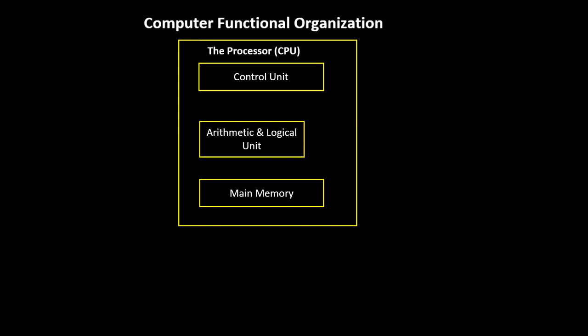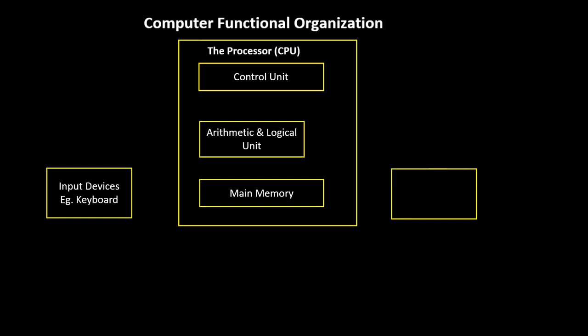It is easy to describe the control unit, the arithmetic and logical unit, and main memory within the processor. Look carefully. The processor will interact with the input devices. You see there are input devices which will interact with the processor, but we also have output devices which will also interact with the processor.